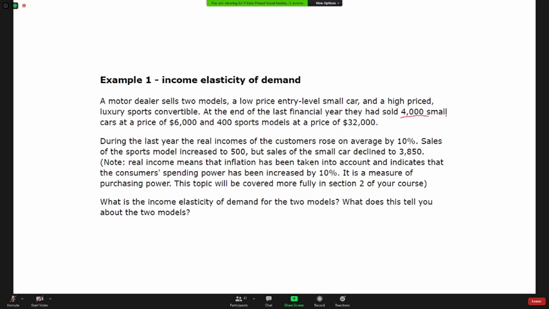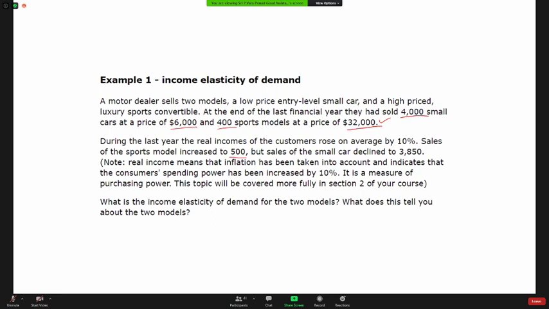$4,000 small cars. This is the price, and 400 sports cars at the price of each one. Last year, right? Now the sports model increased to 500.